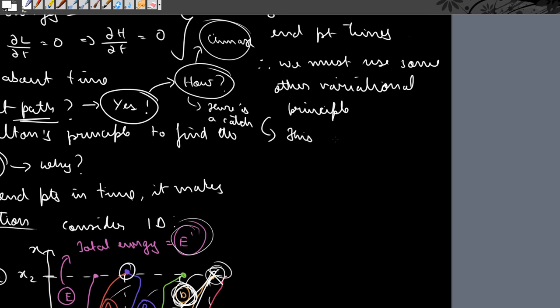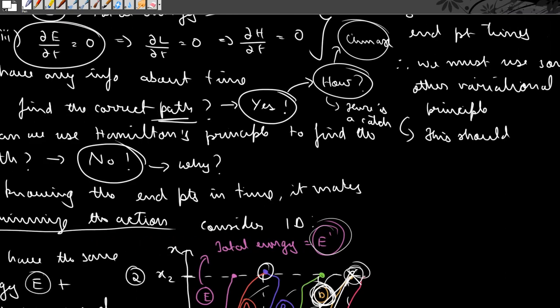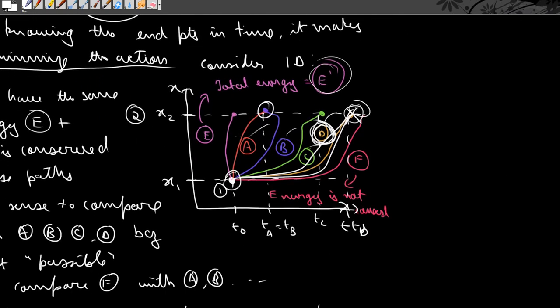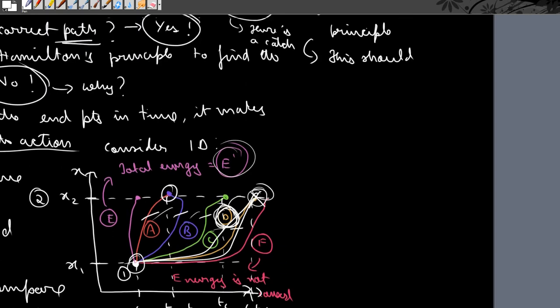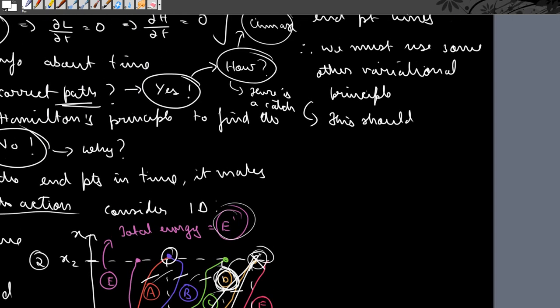So we must come up with a variational principle wherein it makes sense to compare these paths, wherein they may end at different times, but it is sure that they start at x1 and end at x2, and have the same total energy value, and the fact that the energy is conserved along these paths. So we have to use a variational principle which can compare only such paths.